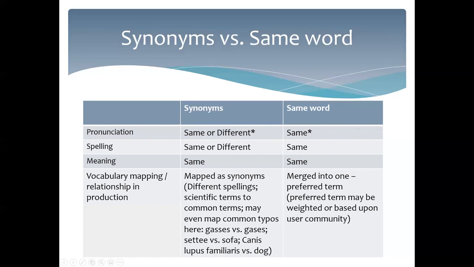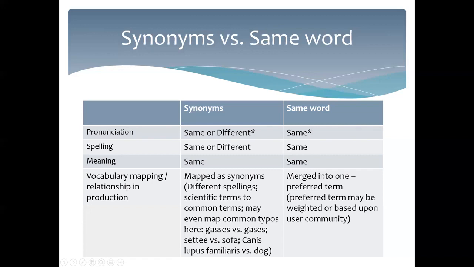So, examples of scientific terms versus common terms. Now, if you were doing a veterinarian database and a veterinarian related controlled vocabulary, then you might want to actually account for both of these. And this may be something where, choosing the preferred term, you'd really have to think about that community.